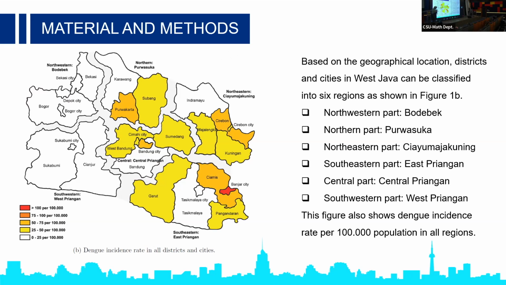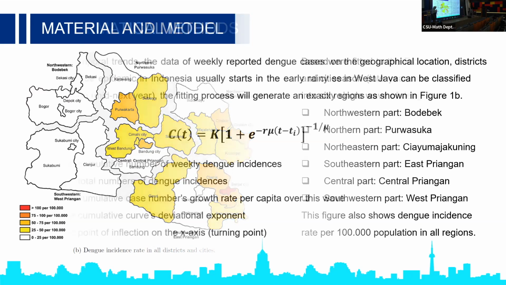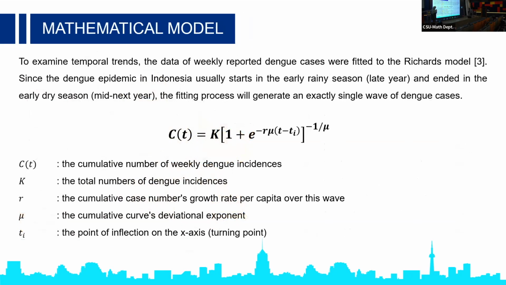So after we divide into 6 areas, then we choose this one, the Richards curve, for the temporal model. We choose the cumulative number of weekly dengue incidents. K is the total number of dengue incidents.